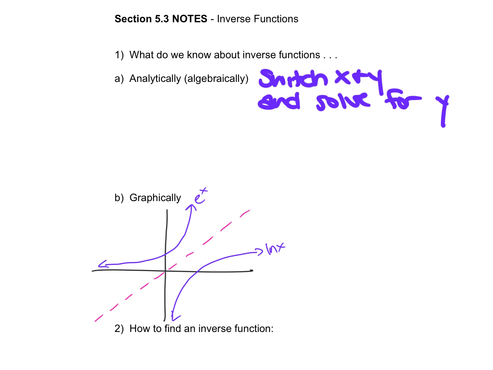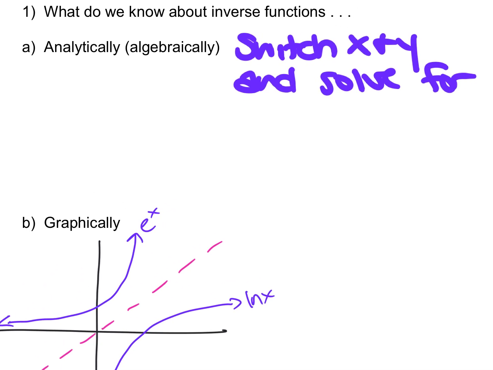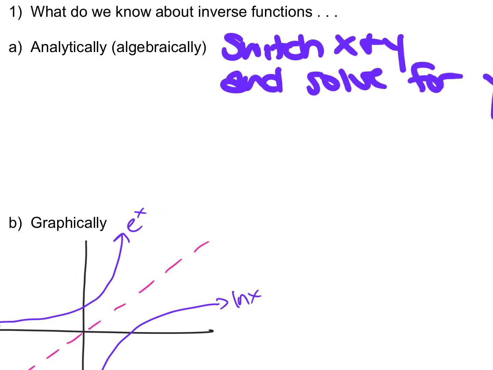So a couple things about inverses that we did know. Let us say I had the point (2, 3) on the function f of x. Given that the x's and y's switch, what specific point would be on the inverse function?